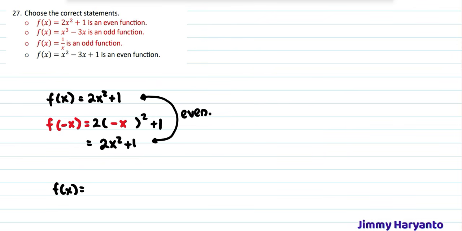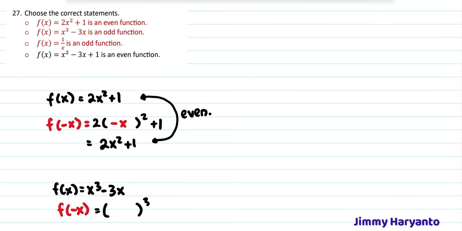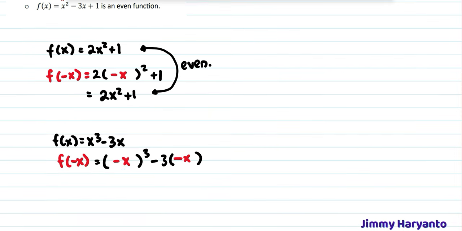Next is the second. The second is f(x) equals x to the power of 3 minus 3x. For this one, you have to check whether it is odd or not. That means you have to find f(-x) first. You replace the x with negative x, and then you calculate. Negative times negative times negative will be negative, so x times x times x equals negative x to the power of 3, and negative times negative becomes positive.